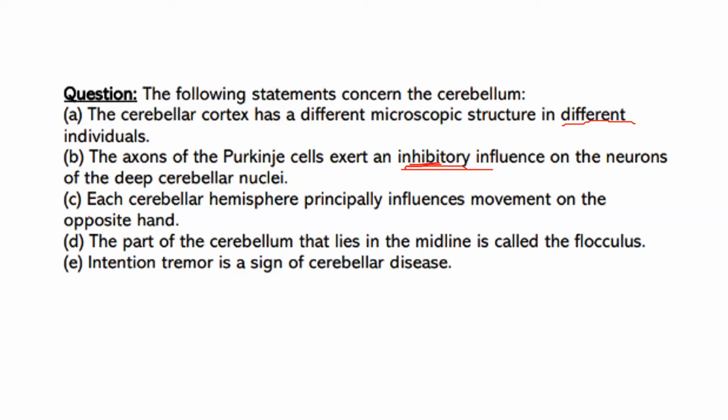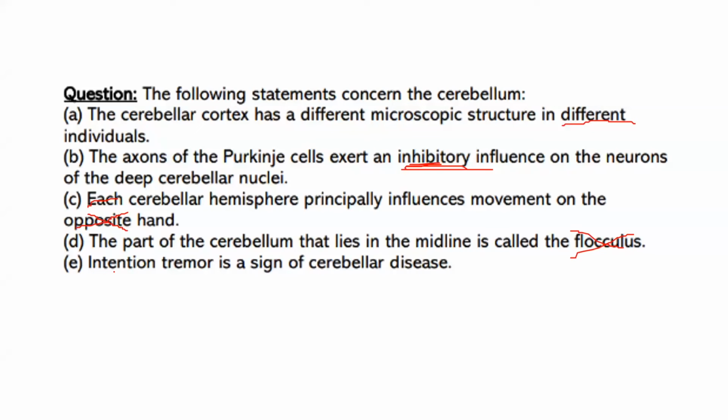C, each cerebellar hemisphere principally influences movements on the opposite hand. This is also incorrect since the cerebellum works ipsilaterally, so it doesn't affect the opposite hand. D, the part of the cerebellum that lies in the midline is called the flocculus. It is not, it is called the vermis.